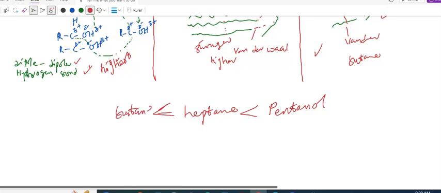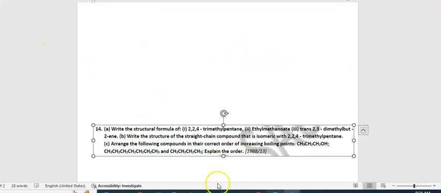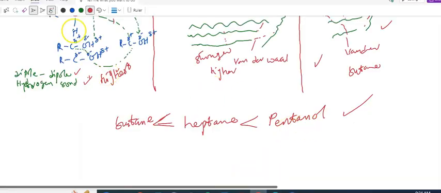So butane has a lower boiling point than heptane, and heptane is lower than propanol. Okay, good. Propanol, please. It's still the same thing, but the structure in the question is propanol.